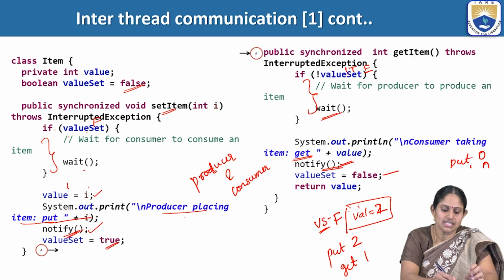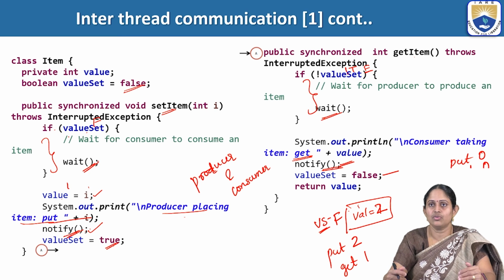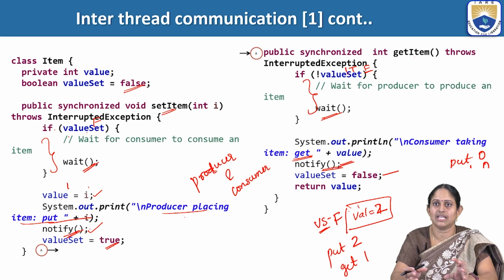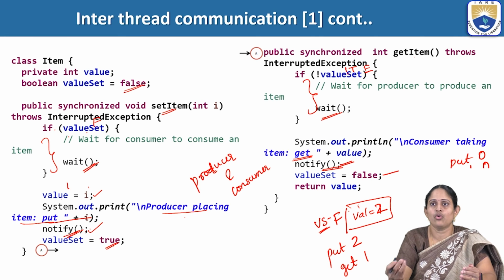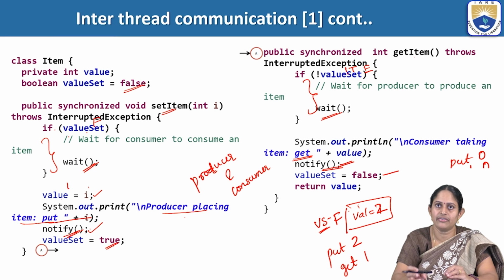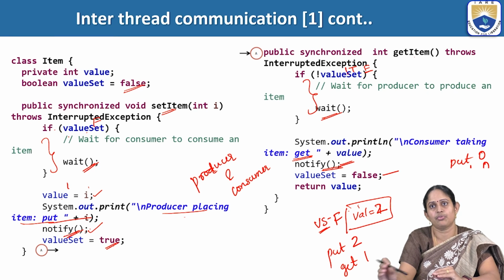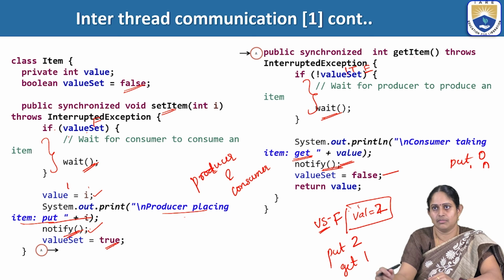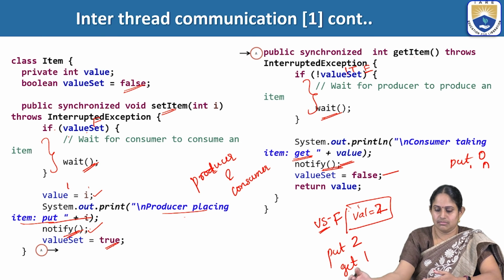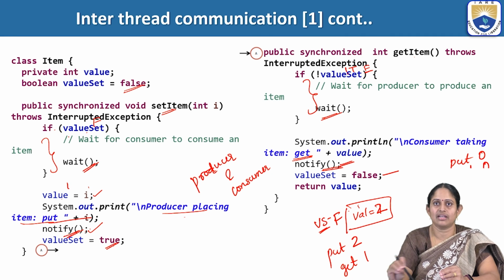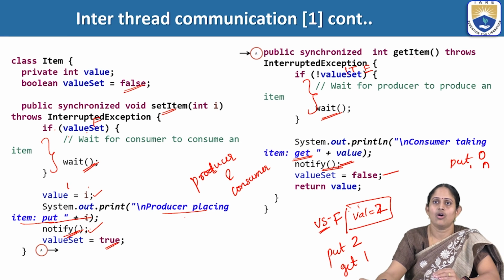Also, these wait methods are used so that there is proper synchronization among these threads, so that the consumer won't try to access from an empty buffer, and the producer won't put items into an already full buffer.